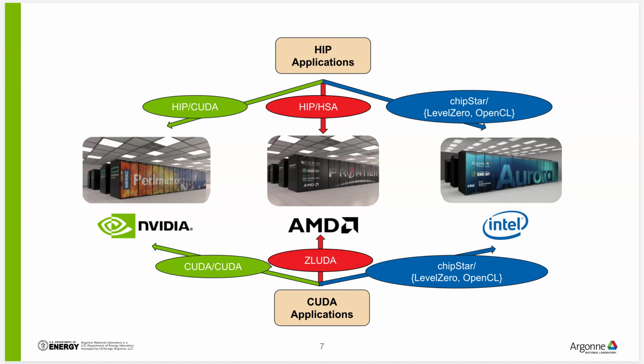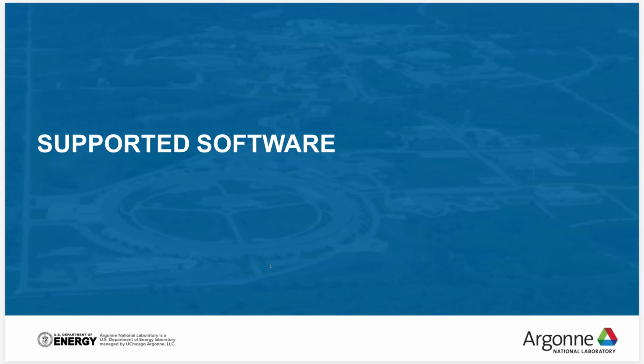CUDA applications run on CUDA using the CUDA backend. You can use the ZLUDA project, or at least some versions of it, to run a CUDA binary directly on AMD. But in our case, we support CUDA through recompilation of the application. And I will show you more about what we expect from our CUDA backend later in the presentation.